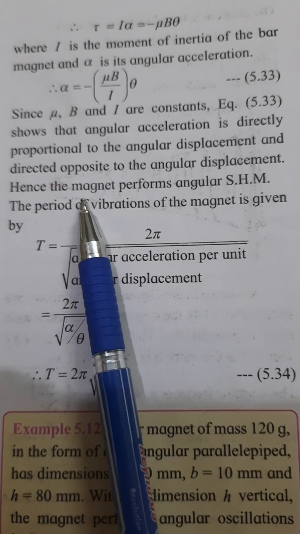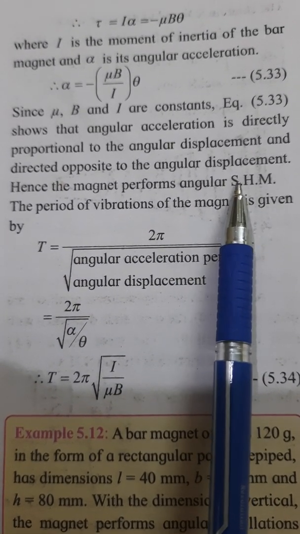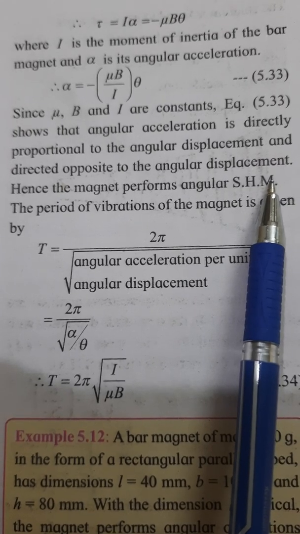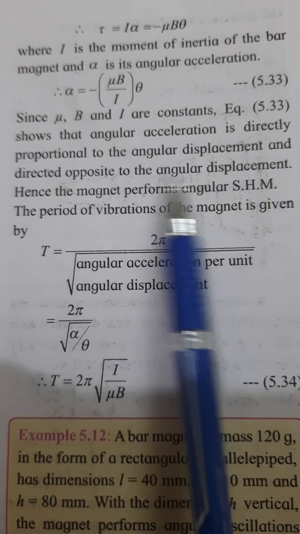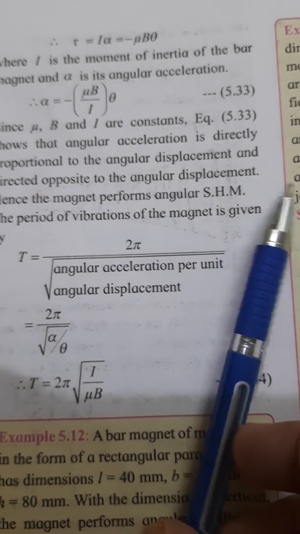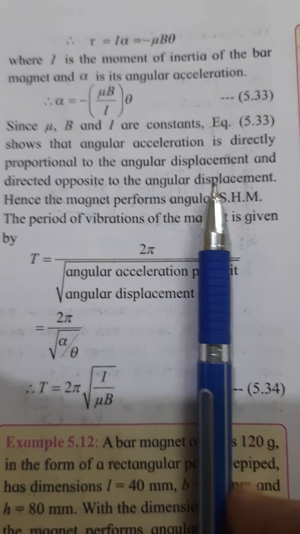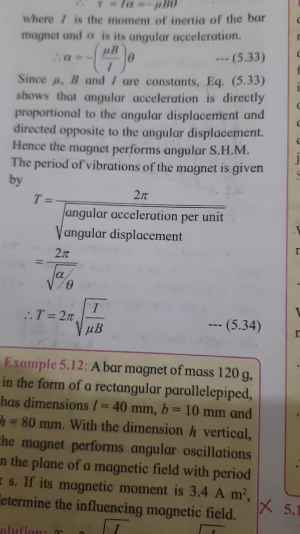Hence, the magnet performs angular S.H.M., simple harmonic motion. Like this, the magnet will perform simple harmonic motion when kept in an external magnetic field. That is the concept of this topic.